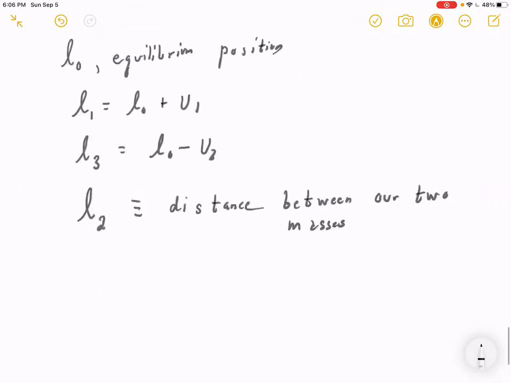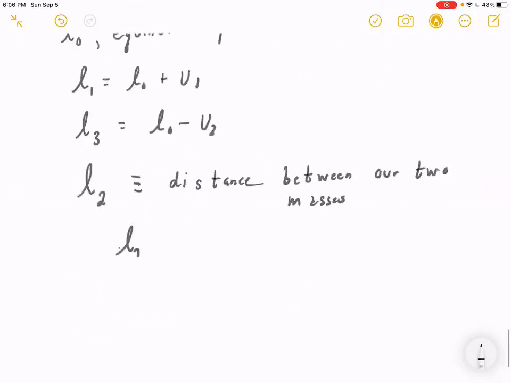Now, what is this guy? Well, originally the two masses were separated by the equilibrium distance, L naught. And then you pulled on the right-hand mass by some displacement U sub 2. So this became longer. But then you pulled on the left-hand mass by a distance U sub 1. So the net effect is to shorten this entire distance. Now, does this make sense? Yes. Because if in fact U sub 1 and U sub 2 are identical, then the separation distance between the two masses doesn't change.